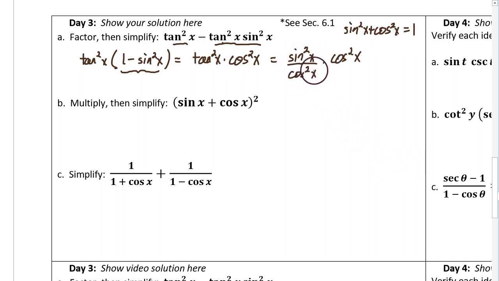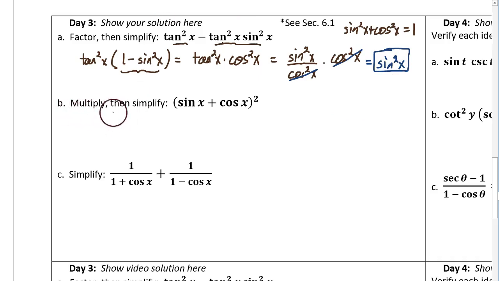Because we made that substitution, changing tangent into its equivalent expression using sines and cosines, we have some canceling. That crosses out that. And so the final result is sine squared x. This is as simple as we can go because it has a single trig function raised to a power.